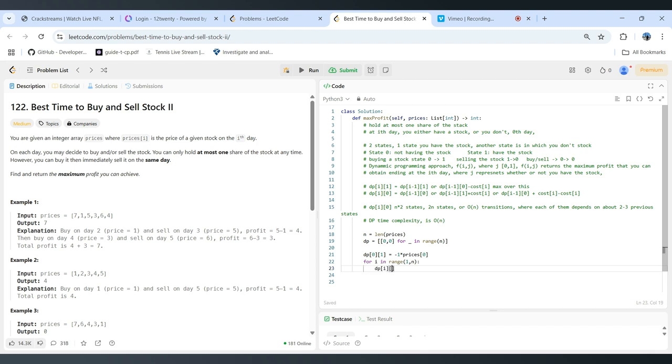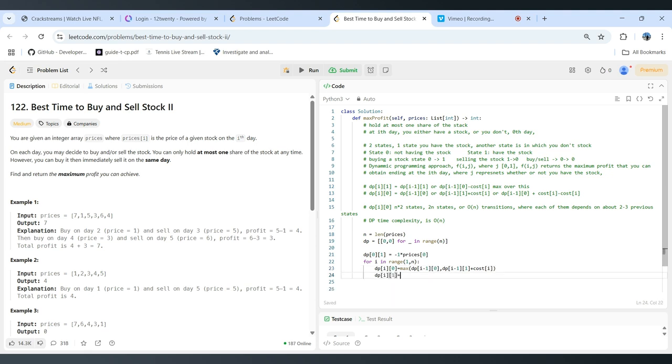So then dp of i, 0 is going to be equal to the max between dp of i minus 1, 0 and dp of i minus 1, 1 plus cost of i. Means that you sold it on that day.